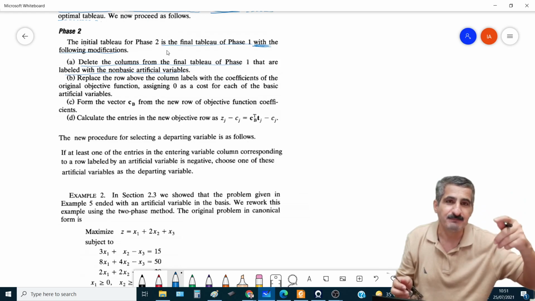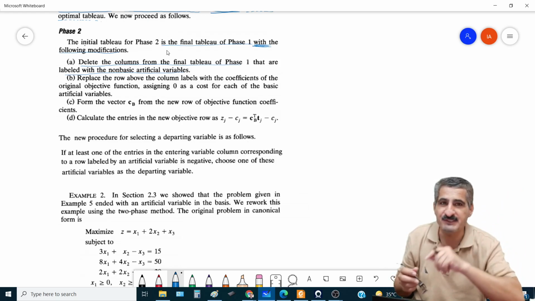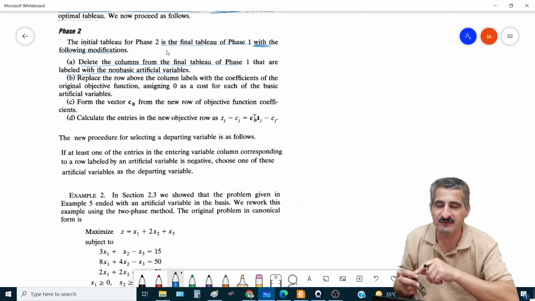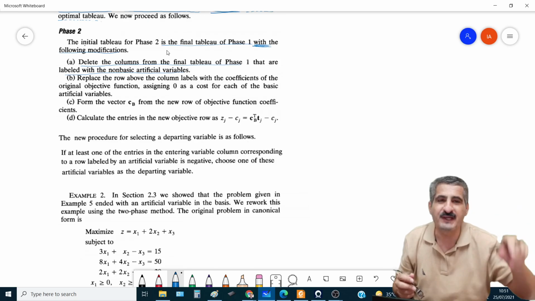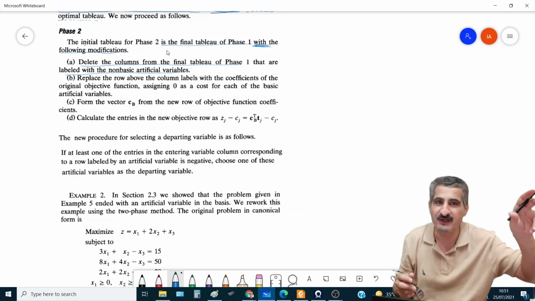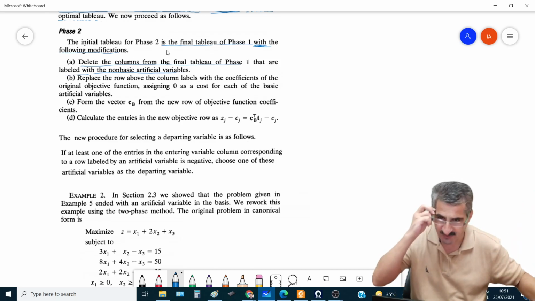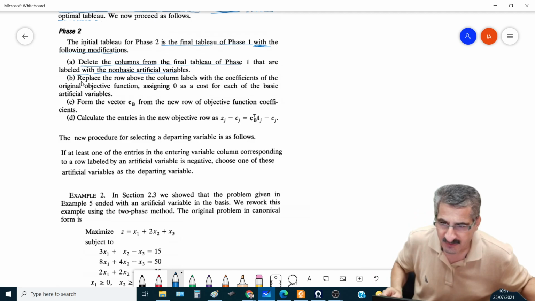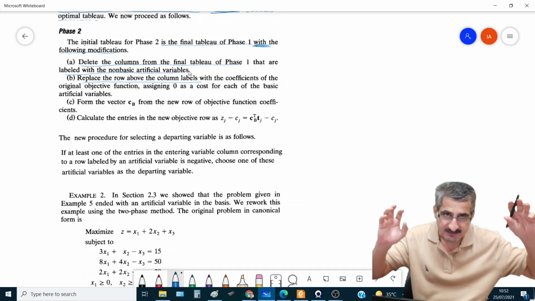Remove the columns under these. But if there is an artificial variable which is still basic, do not remove the column under it. Just remove the columns of the artificial variables that are not basic anymore. Okay. Now, replace the row above the column labels. This is the new row we added.